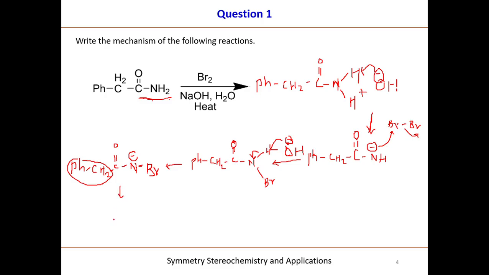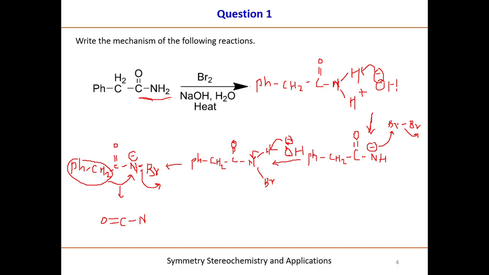So we will get the isocyanate formation over here. How will it be isocyanate? I will write here. This is our oxygen, double bond, carbon, and this is our nitrogen here. This group will migrate over here, and this halogen, bromine, will be eliminated.